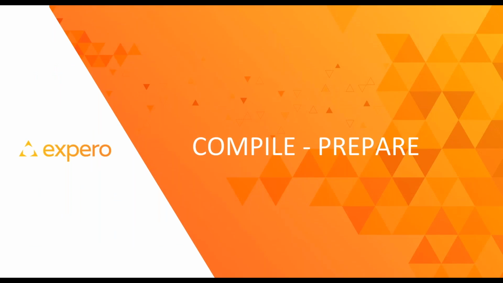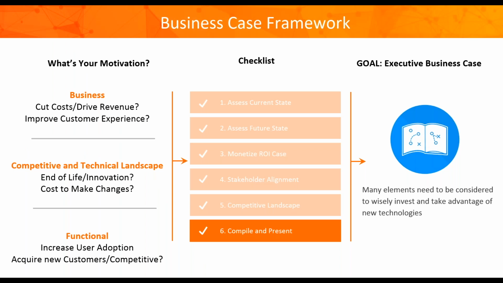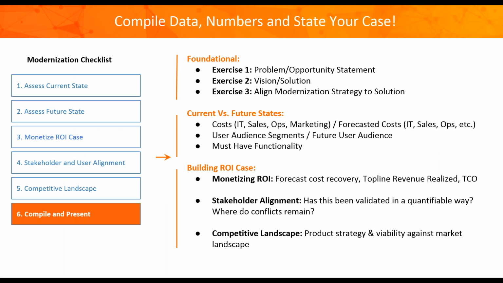Okay, so now we're getting close. We're coming up on the compilation. How do we get prepared for the big meeting? The first thing is let's walk through that vision statement. Let's make sure that's solid. Then we talk about whether we're cutting costs or driving revenue, and then the idea of monetizing. How do we take that freshly minted spreadsheet and put it into English so that our stakeholders really understand what it is?